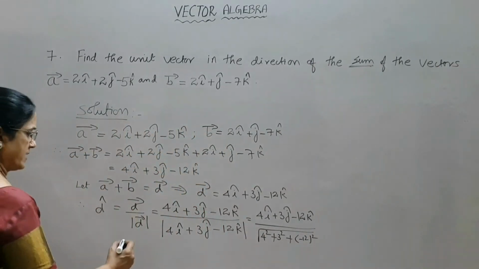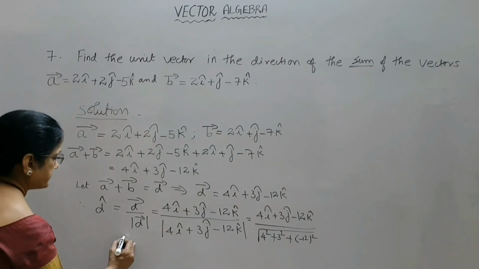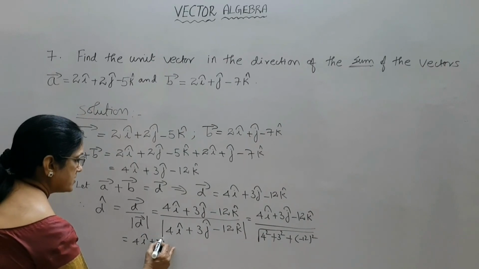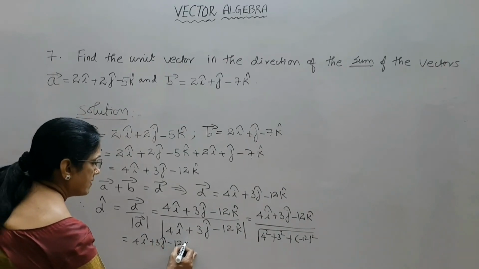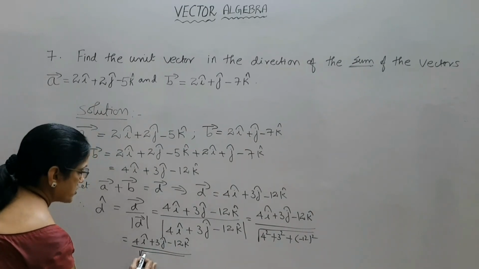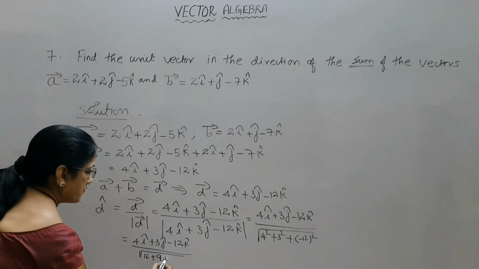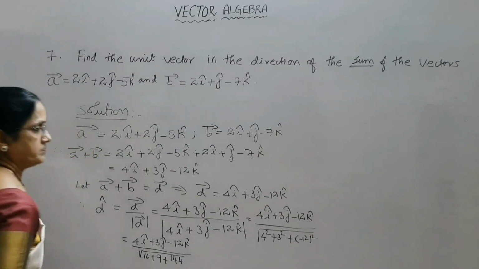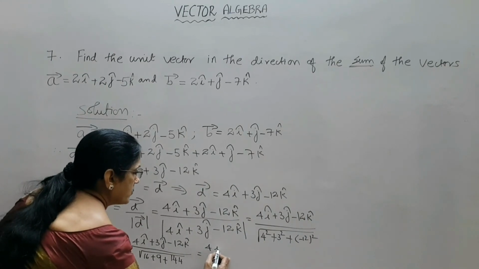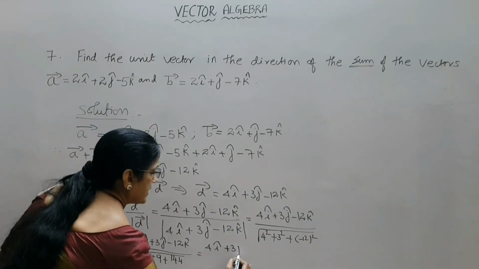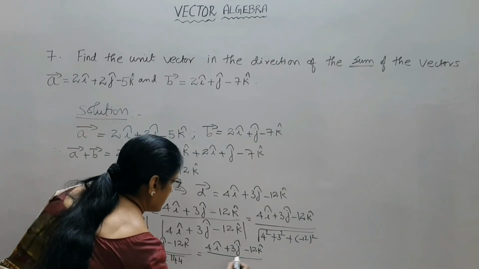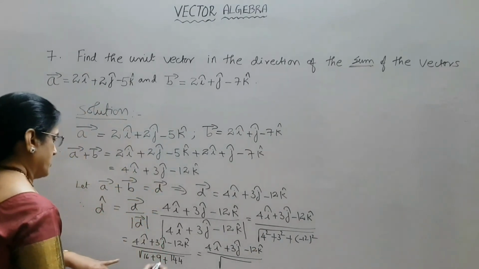If I simplify, I will be getting 4i cap plus 3j cap minus 12k cap by square root of 16 plus 9 plus 144, which is nothing but 4i cap plus 3j cap minus 12k cap by square root of 169.